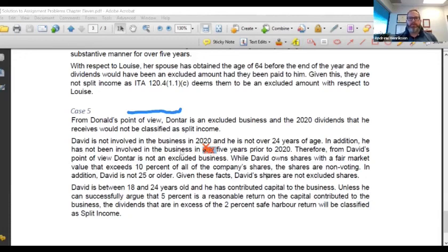So he's not been involved in 5 years prior to 2020. It could be any 5 years, but it needs to be a total of 5 years.